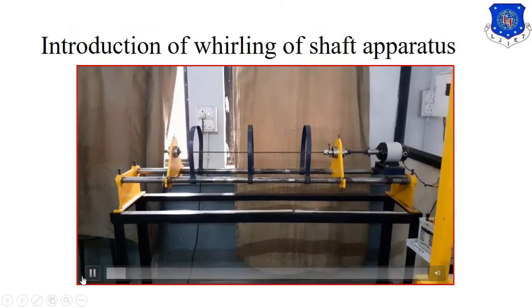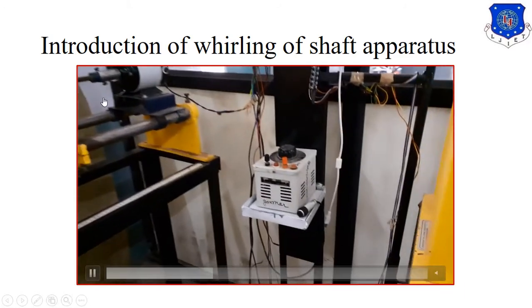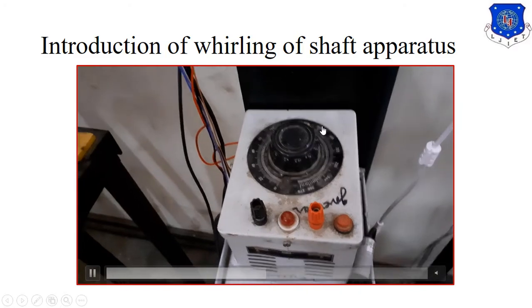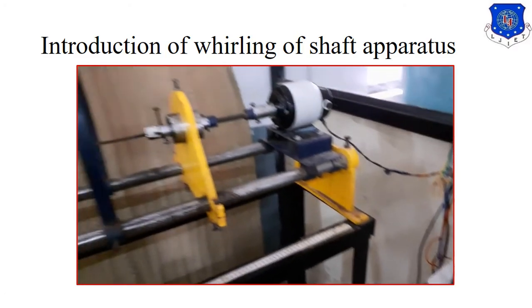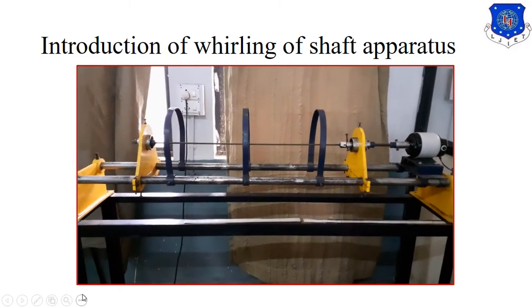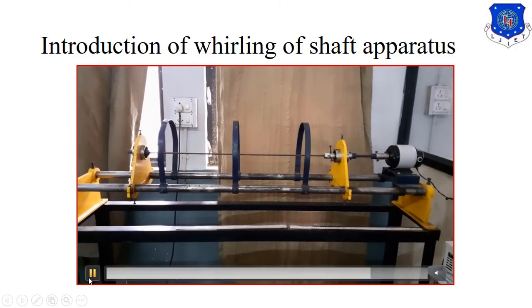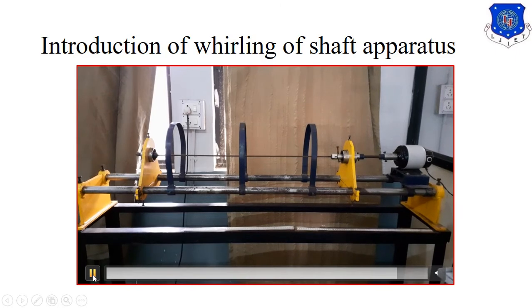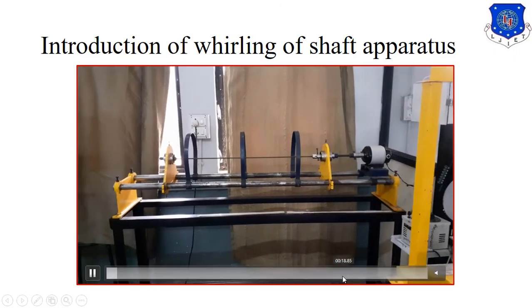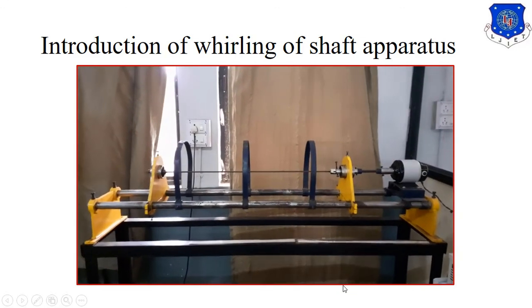So now let us start the introduction of the whirling of shaft apparatus. As you see here, this is our whirling speed of shaft apparatus. If you see the whole system, this is the basic apparatus, which is connected with the variac.